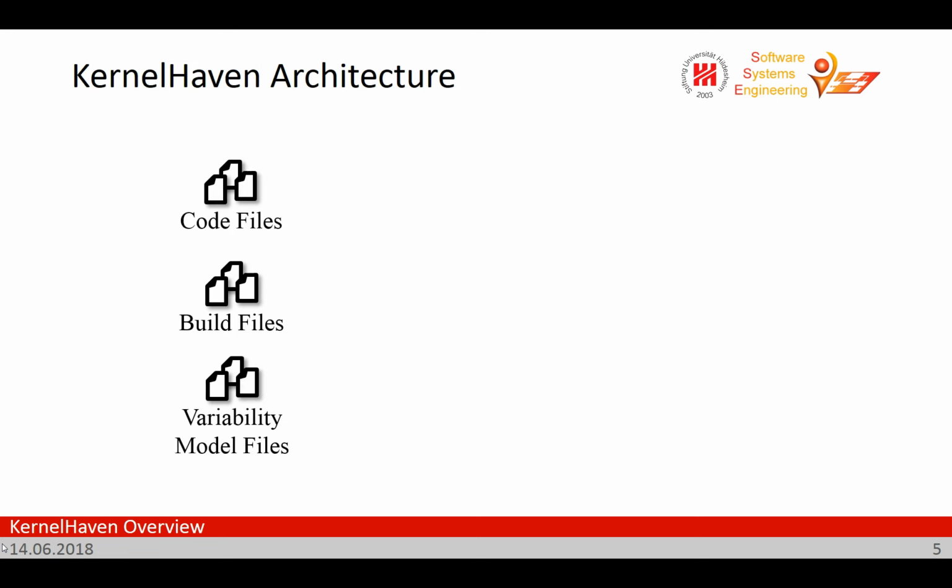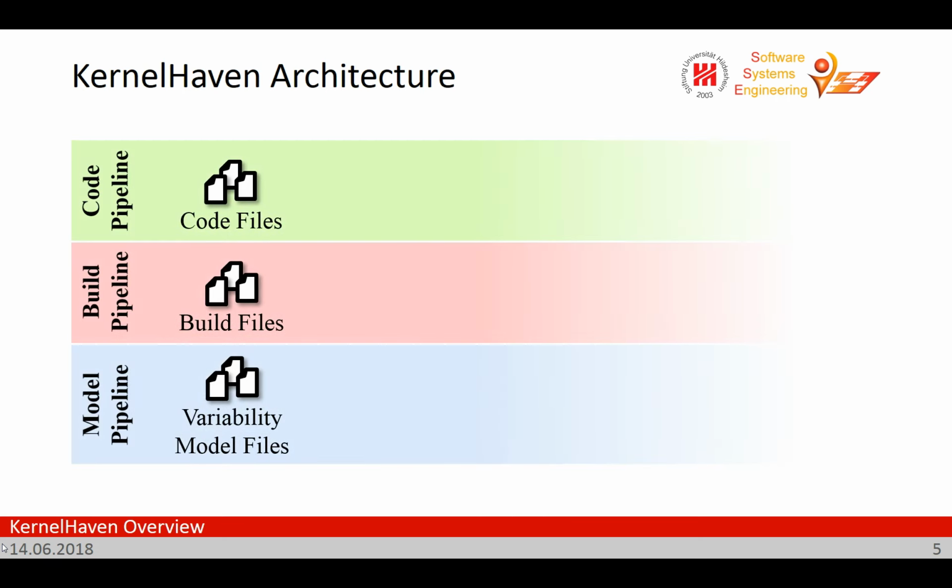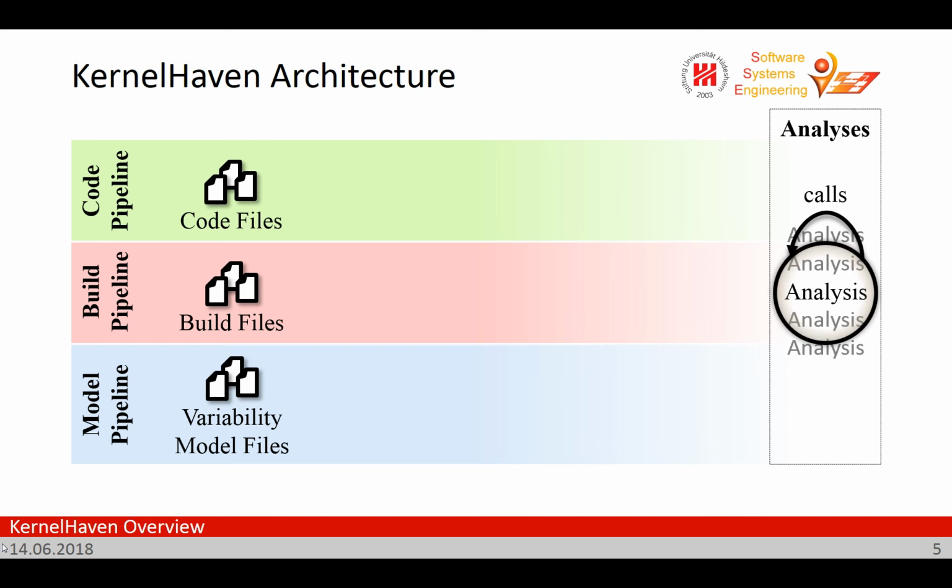Each of them having information about the actual functionality of the product line it provides, but also variability information like which features exist, where they are implemented, how they are implemented, and how they can be combined, which is part of the variability model. Therefore, KernelHaven consists of 3 extraction pipelines, or pipelines in general, for code, build and variability model files, which feed the analysis.